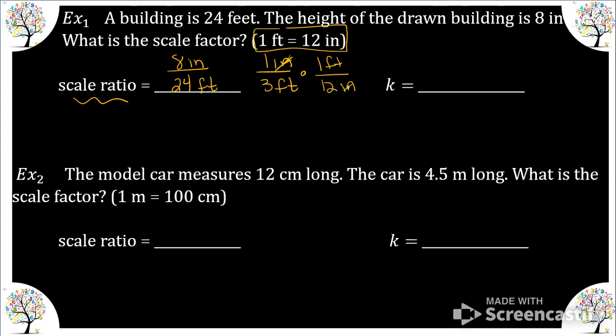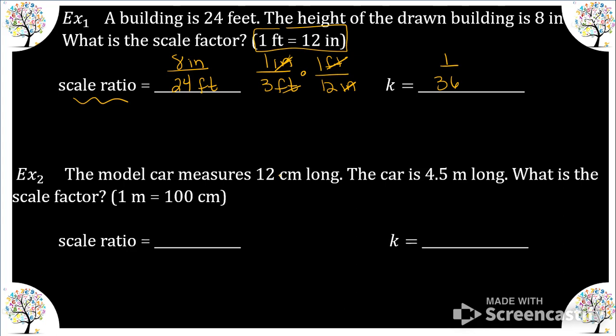So you can see the inches and feet cancel, so I have no units. Now I'm going to multiply, and our scale factor is 1 to 36. That means the drawing is 1/36 the size of the actual building, or the actual building is 36 times bigger.